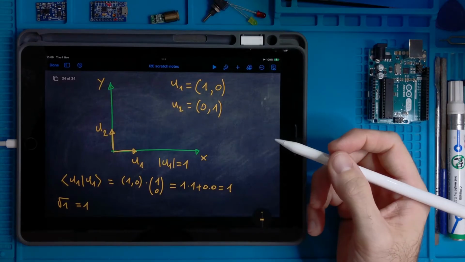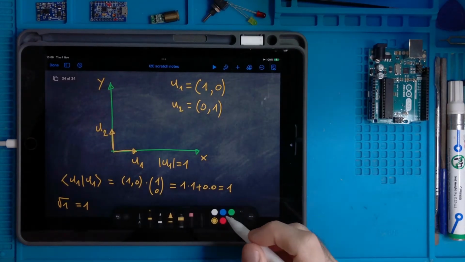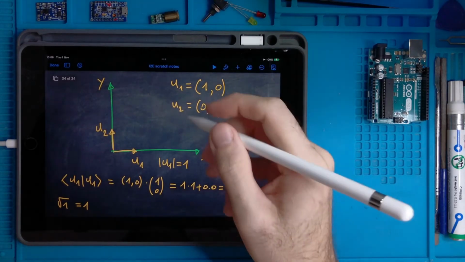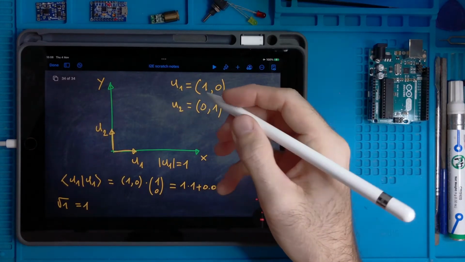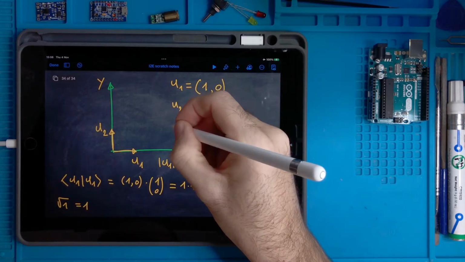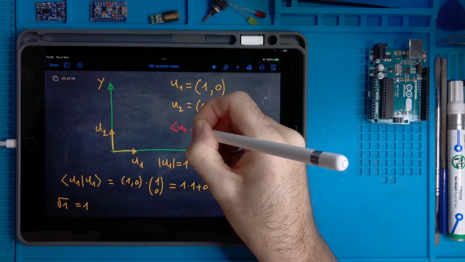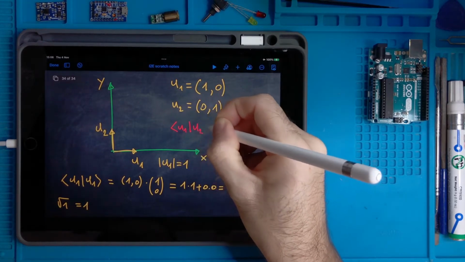Let's verify they are orthogonal to each other. So let's calculate the inner product between u1 and u2.